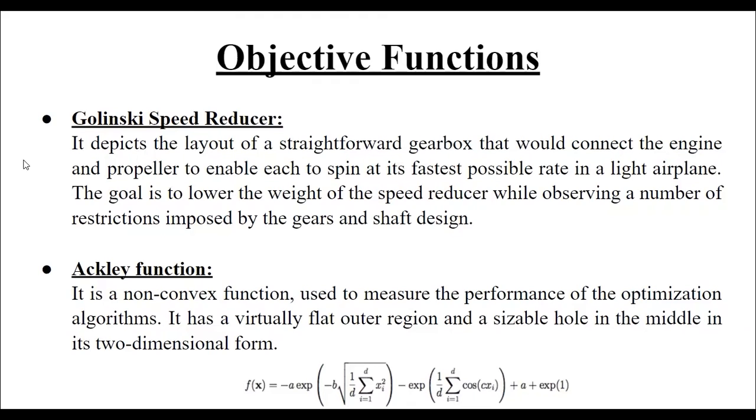As shown in the formula below, D is the dimension, and the recommended variables after reading some references are A equal to 20, B equal to 0.2, and C equal to 2 pi. And the next 2 objective functions will be discussed by my co-team members.